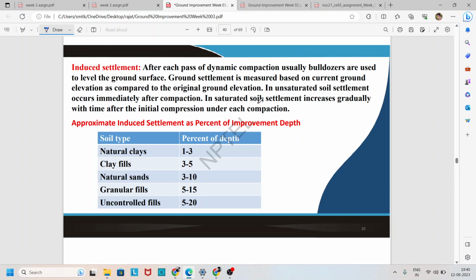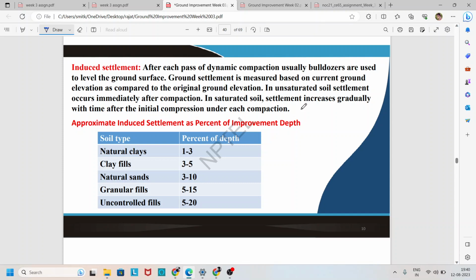And in saturated clay or saturated soil, the settlement increases gradually with time after the initial compression under each compaction. It happens due to the dissipation of excess pore water pressure. The dissipation of excess pore water pressure requires some time.